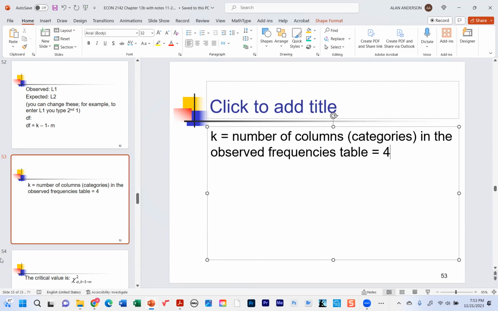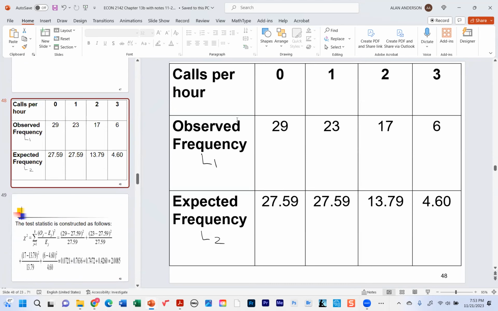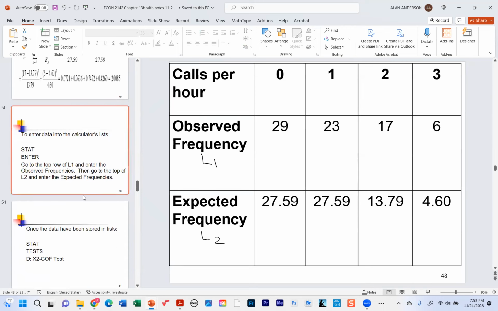All right, 4. Why? Because if you go back and look, there were 4 columns here. Okay, that's what K means.